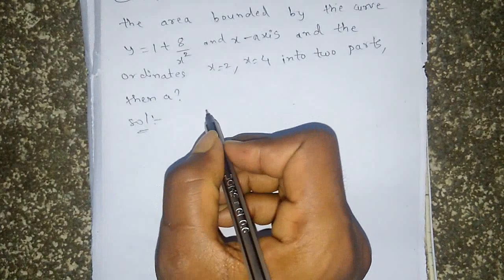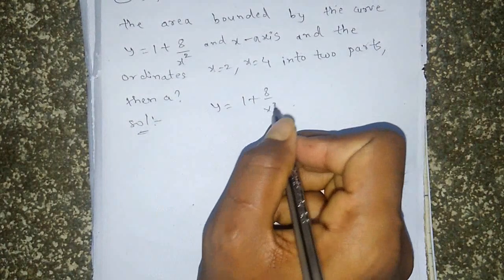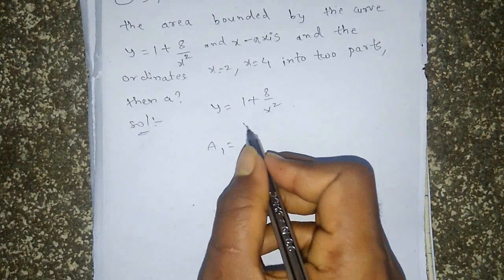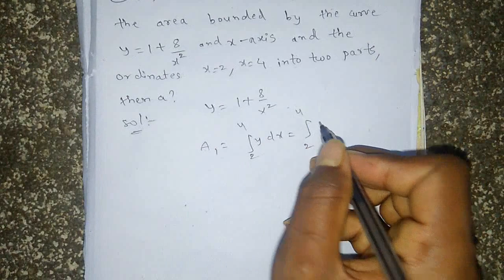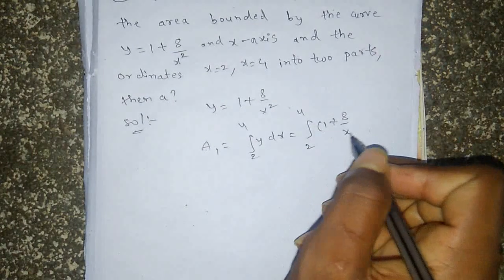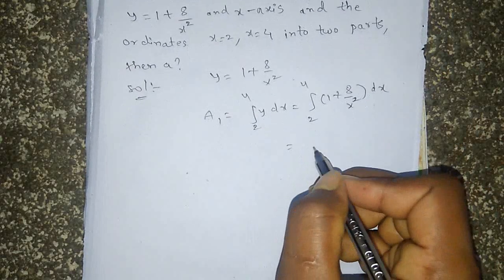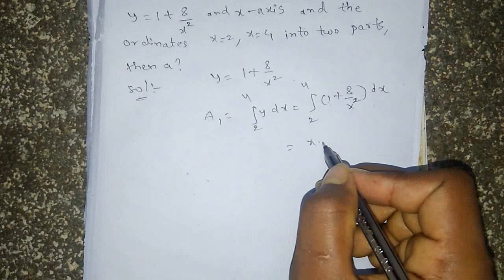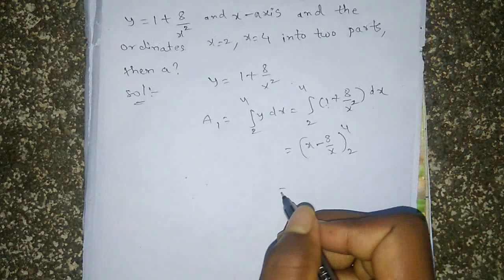So first let us find the area. y = 1 + 8 by x². A1 is the integral with limits 2 to 4 of y dx, that is the integral from 2 to 4 of (1 + 8 by x²) dx. The integral of 1 is x, the integral of 1 by x² is minus 1 by x, so that is x minus 8 by x between the limits 2 to 4.